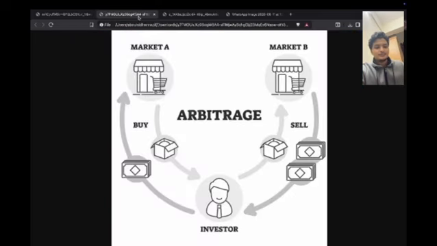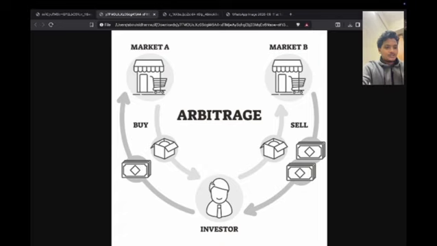For example, the picture explains the concept of arbitrage. There are two markets, A and B. In market A, a product is available at a lower price, so the investor buys it there.